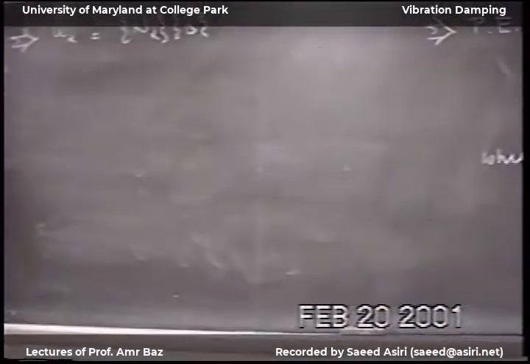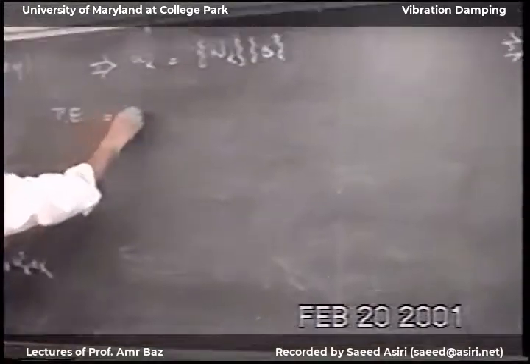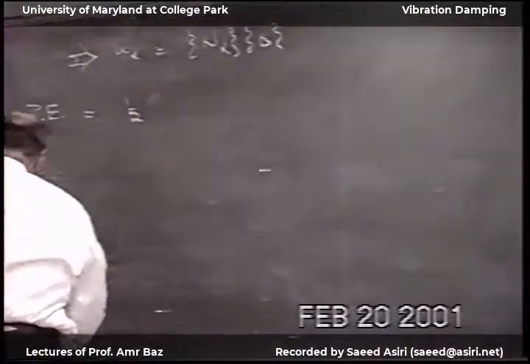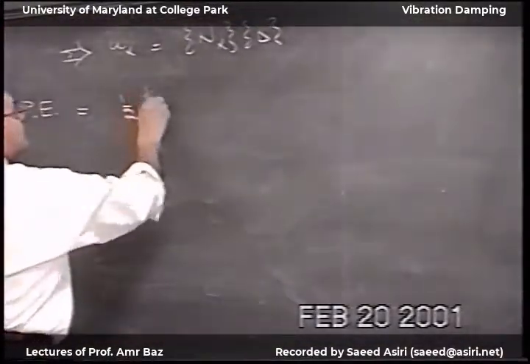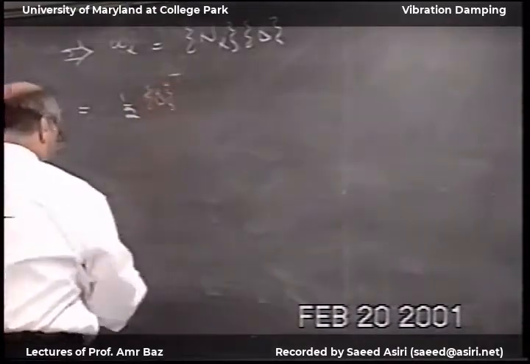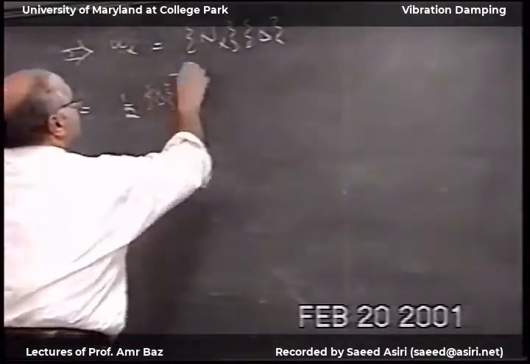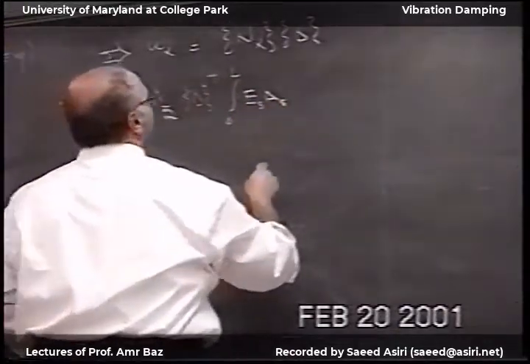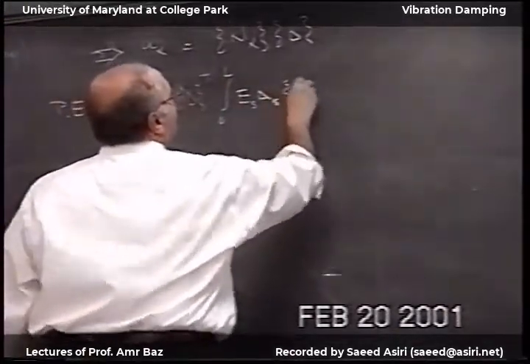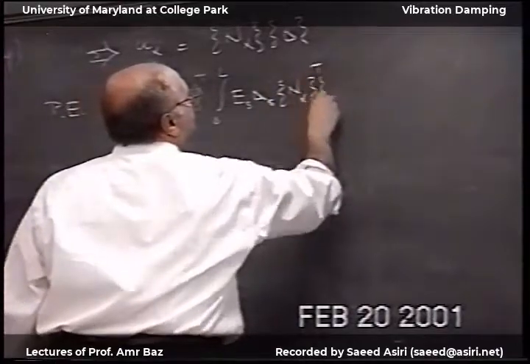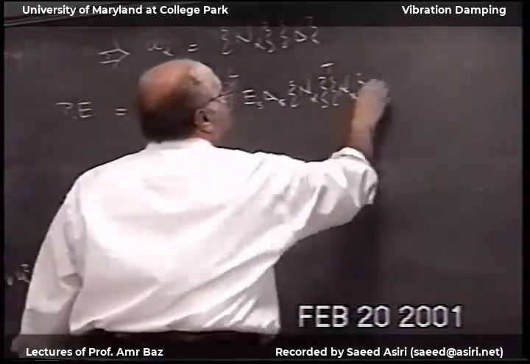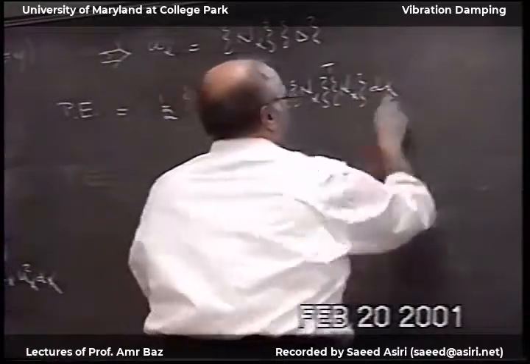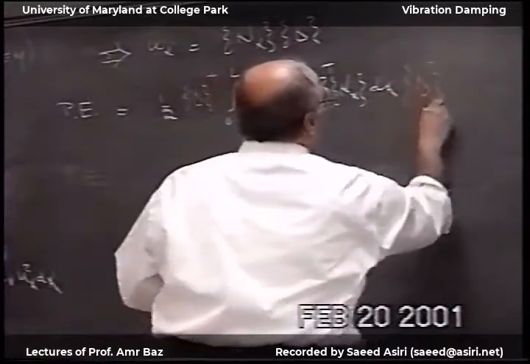So now here, then the potential energy of the entire system will equal to, do here the delta transpose, and then integral ES, and then we have N of x transpose, N of x dx, delta.